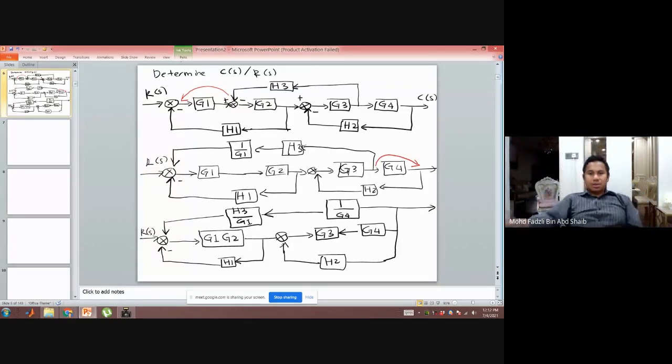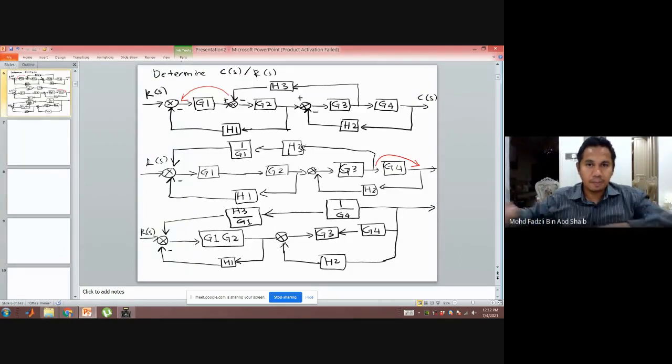Okay, this is the diagram. It's hard for me to copy. How to copy?